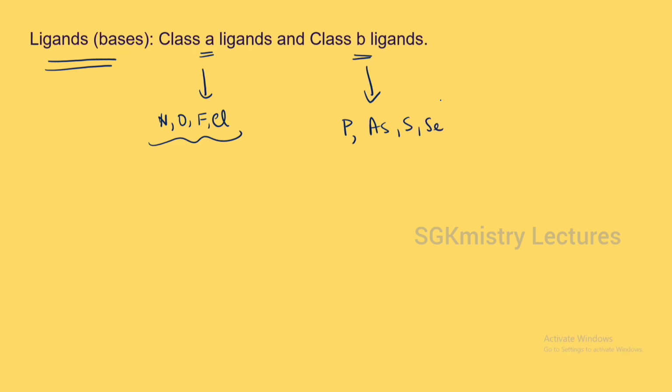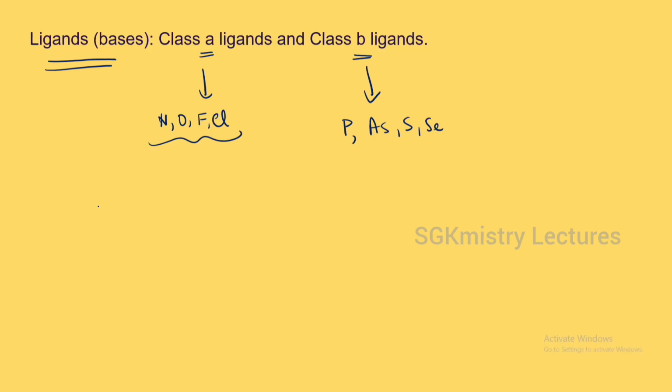So now based on this, the hard bases are the ones which are considered. So hard bases and hard acids are the ones which are considered under class A, right? And whatever we consider under class B, the class B bases as well as the class B acids, those are considered as the soft acids or the soft bases, right? So this is one basic idea.